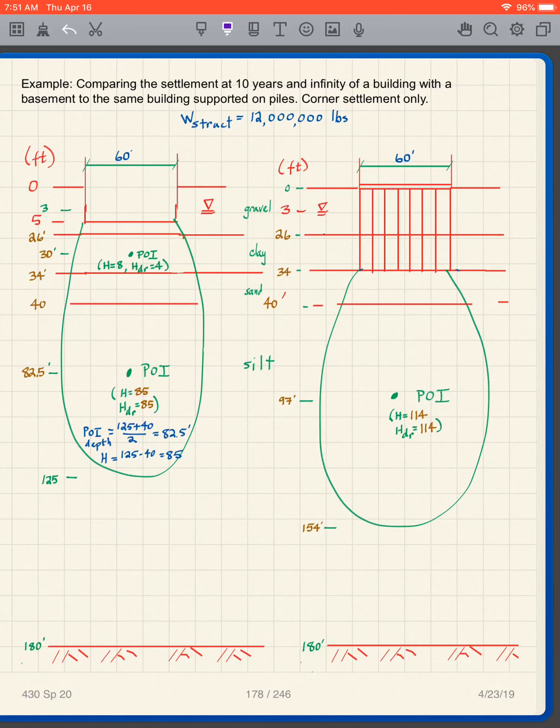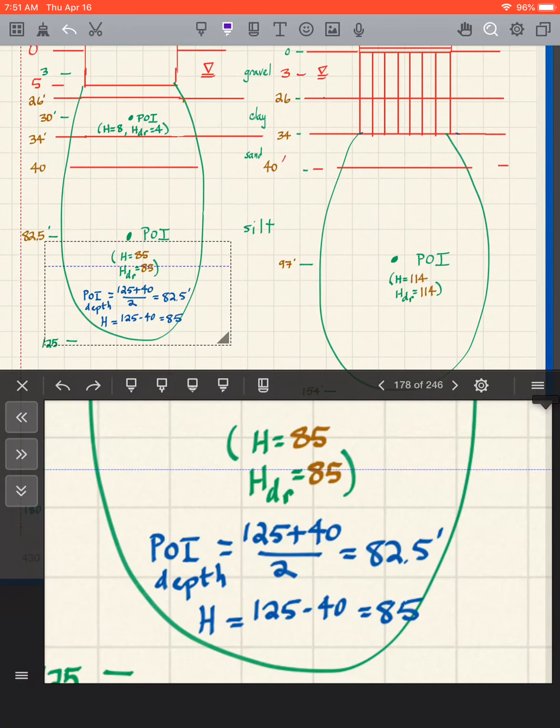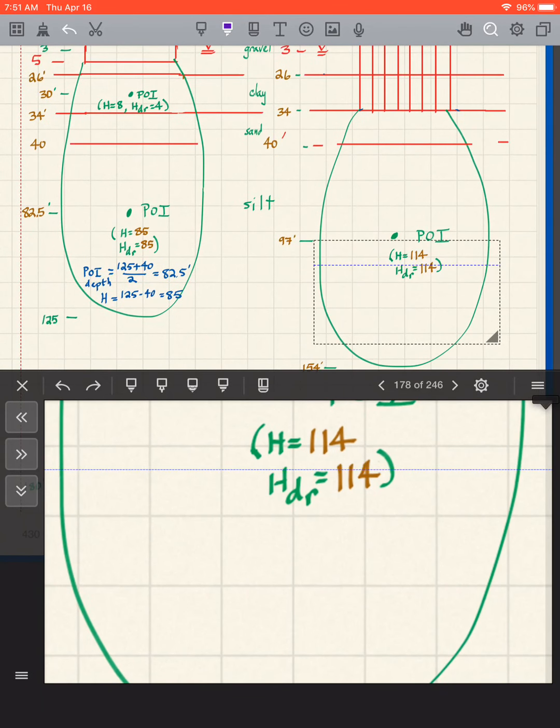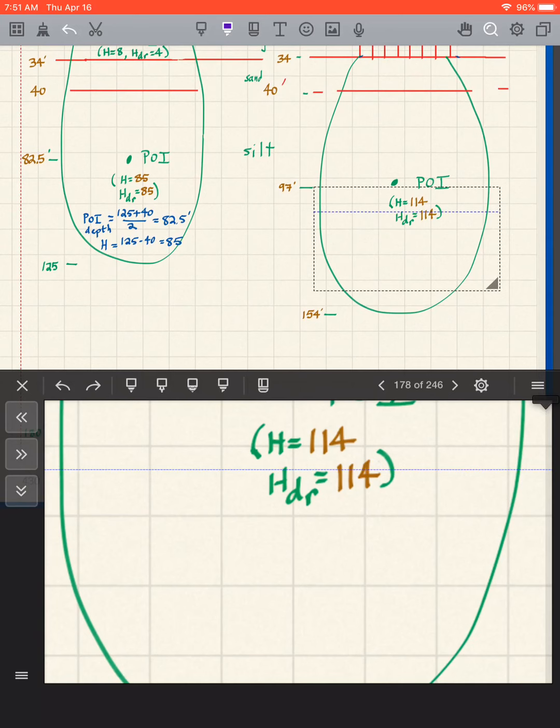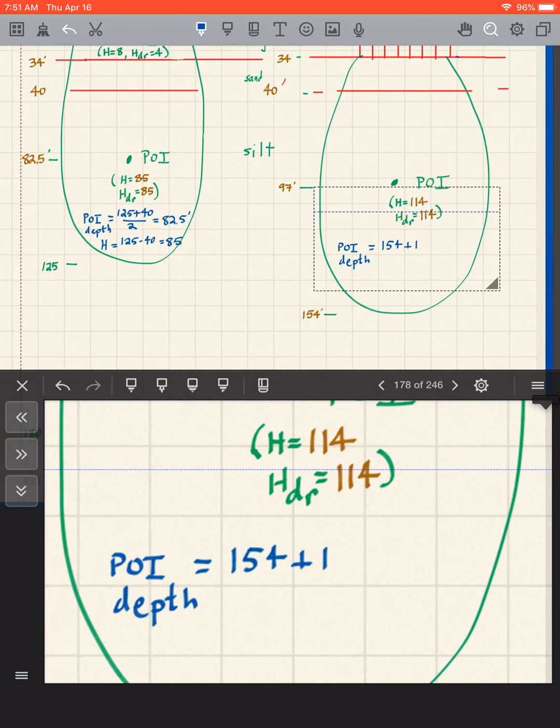And for this case here, the point of interest depth is going to be 154 plus 40 over 2, which is 97 feet.